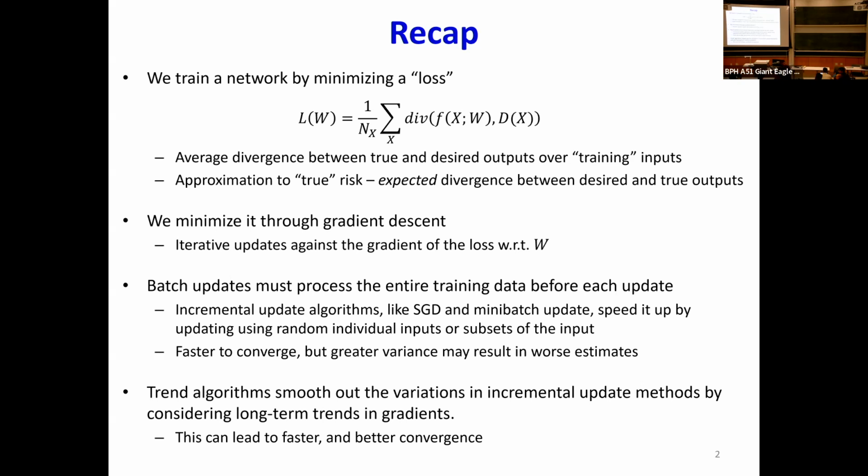Well, that's an answer. So Omar, do you have an answer? What was the question? So why is batch update the correct thing to be doing? Because it's taking into account all the samples at the same time. It's taking into account all the samples because why is that important, Rucha?